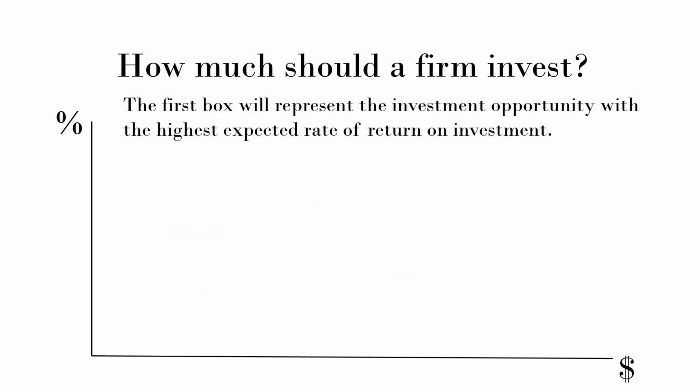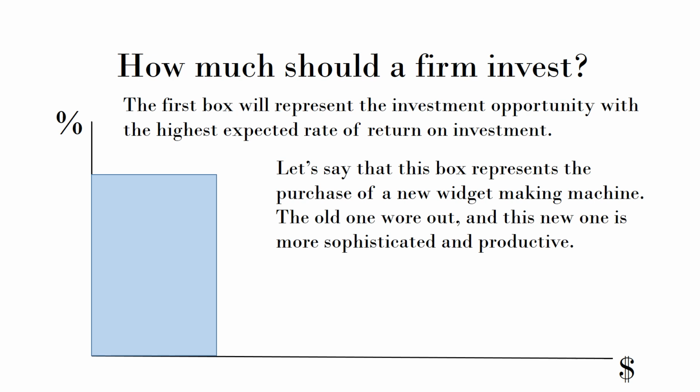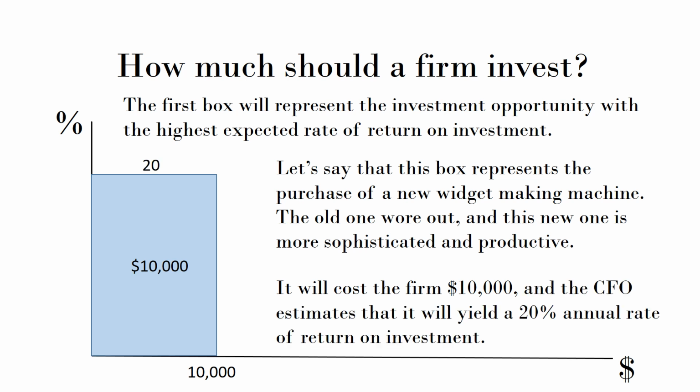This first box will represent the investment opportunity with the highest expected rate of return on investment. Let's say that this box represents the purchase of a new widget making machine. The old one wore out, and this new one is more sophisticated and productive. It will cost the firm $10,000, and the CFO estimates that it will yield a 20% annual rate of return on investment.